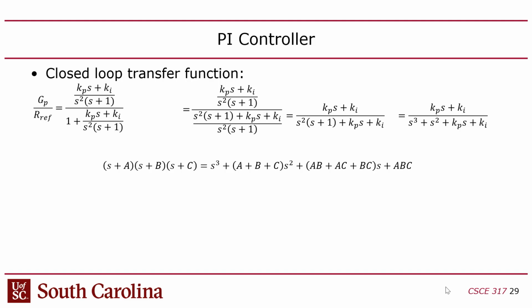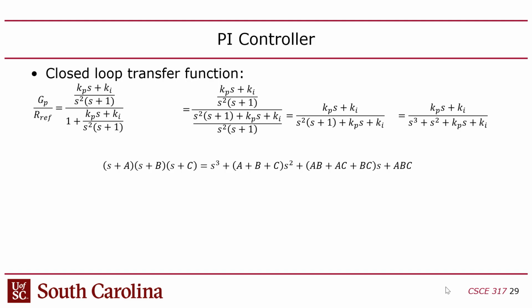I tried to figure out a way to do it. I don't think this is the best way to do it. My approach was to say, this is a third degree polynomial, so I'm assuming that I can factor it as S plus A, S plus B, S plus C, multiplied.